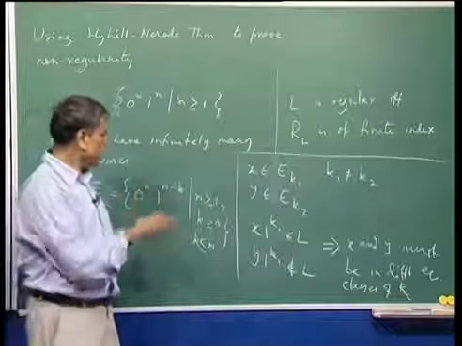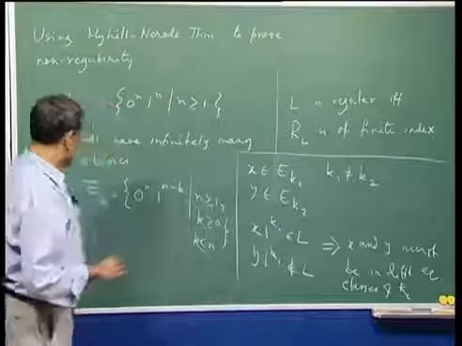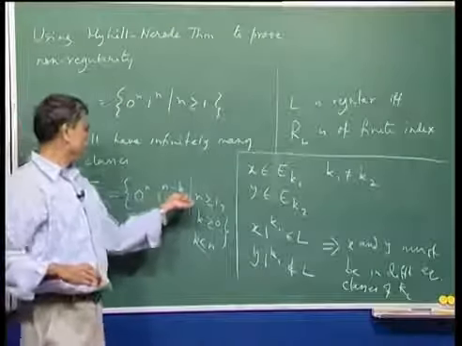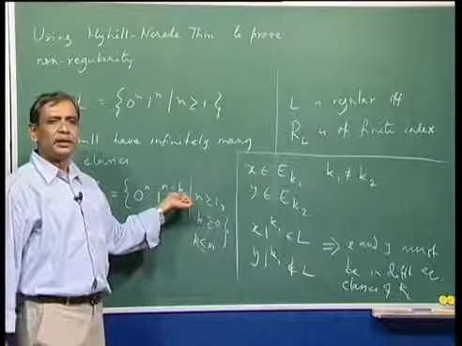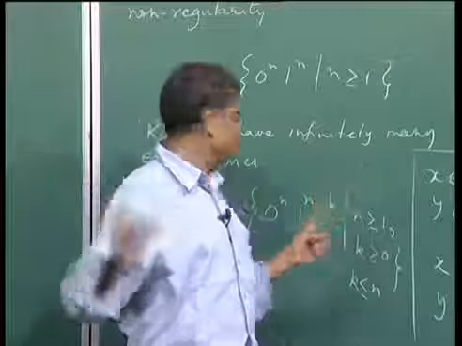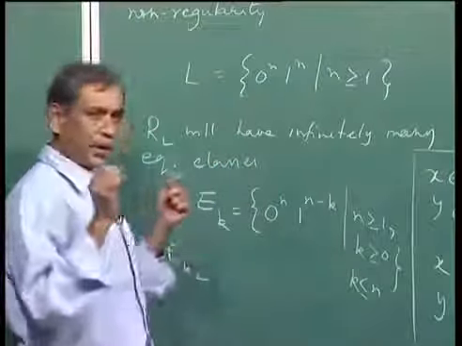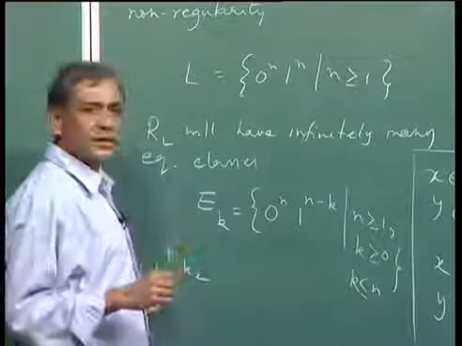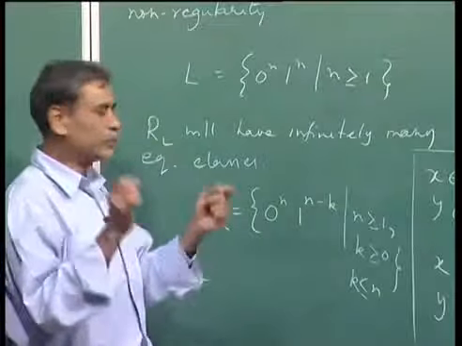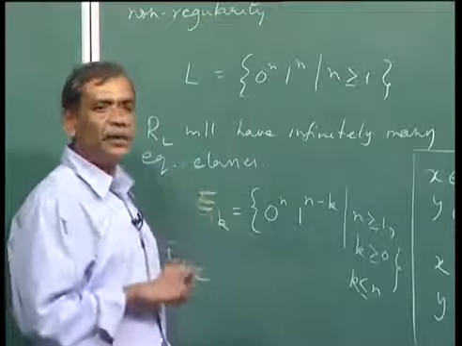Then it is not difficult to see now, since we can have infinitely many k's, this means that we will have infinitely many sets like this, such that if you take two different such sets and take two strings, one from each, they cannot be in the same equivalence class.